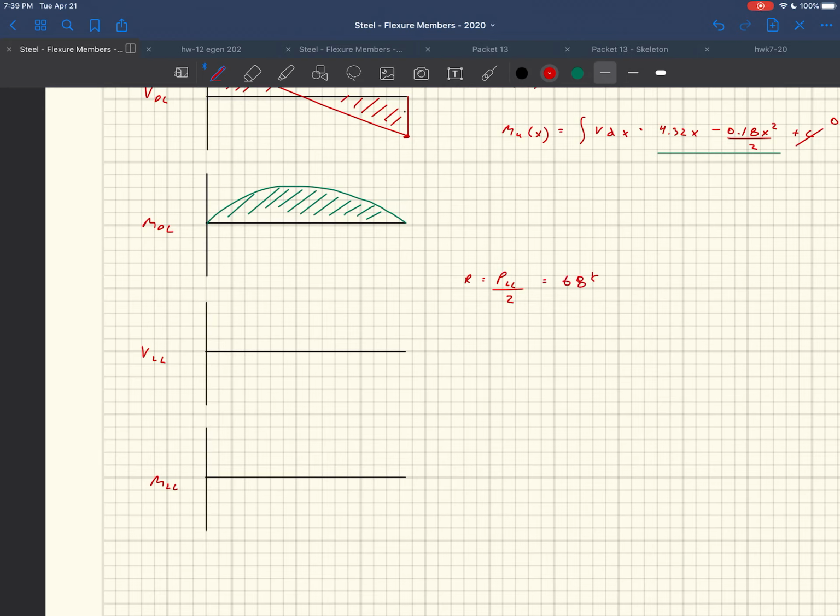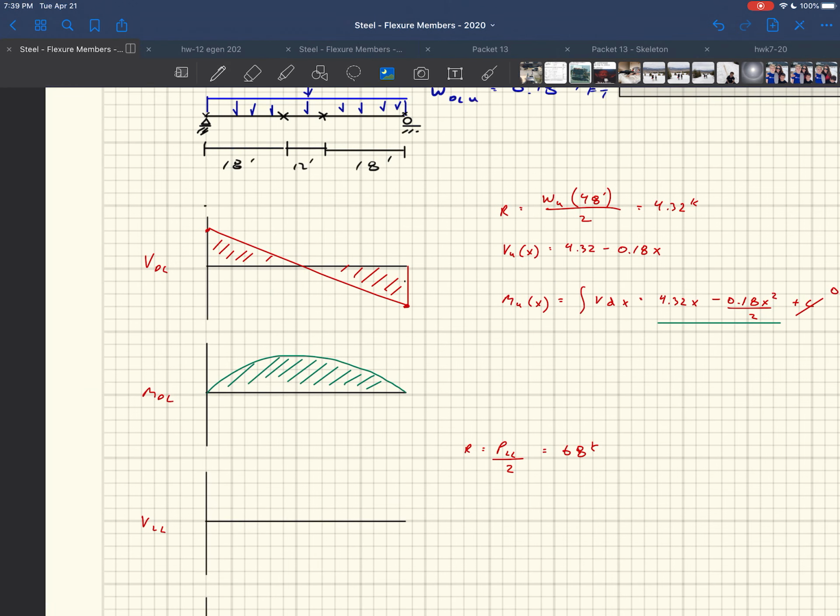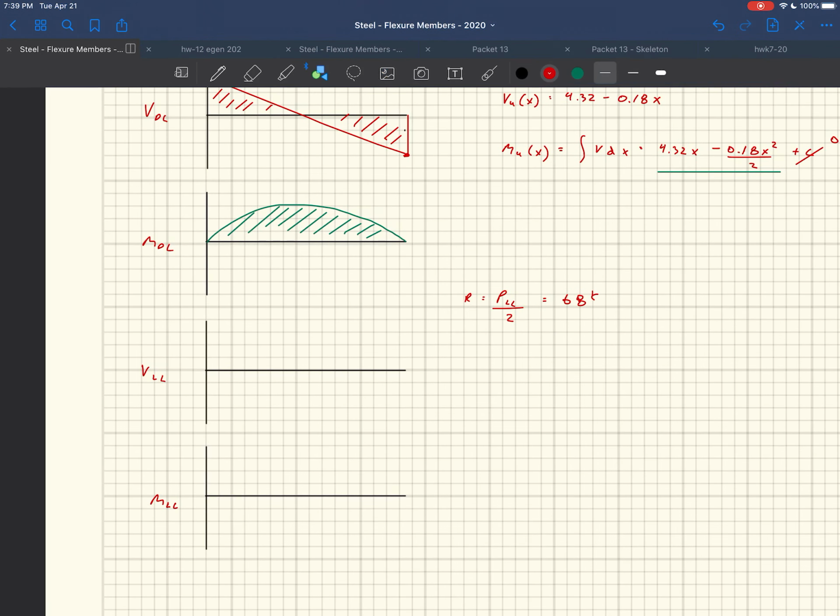Then the slope of your shear diagram is going to be the negative of what w is, and w is 0. The distributed load is 0, so it's going to have no slope. So this is going to come across to where the point load is applied, jump down, and go across to the end. That's what our shear diagram is going to be.